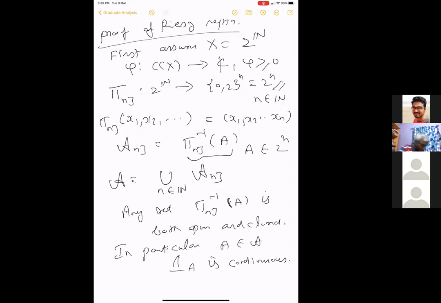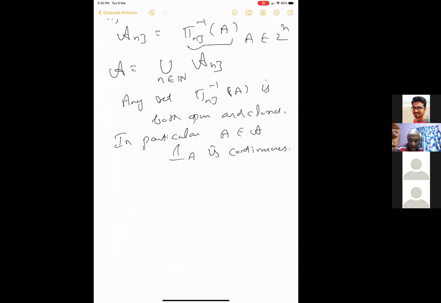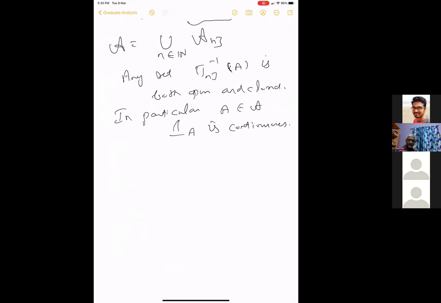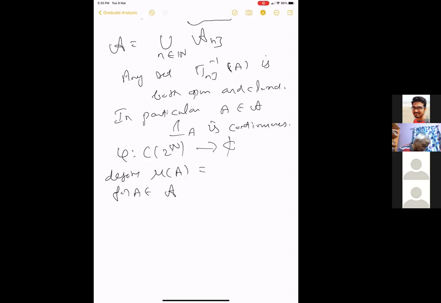Because it is continuous, we have a phi from C of 2 power n to C, and you define mu of A, for A in this script A, equal to phi of 1_A. Because 1_A is continuous, you can define phi on it.